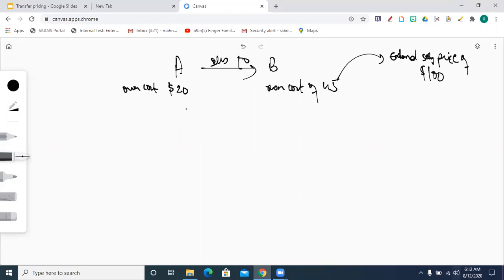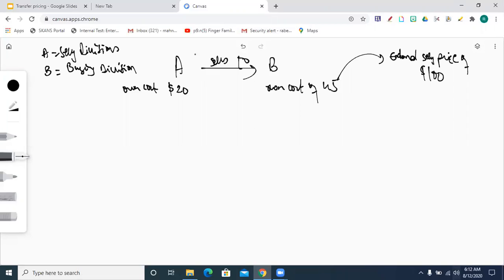How will it affect the individual profits of divisions A and B, where division A is the selling division that sells to B, and division B is the buying division?